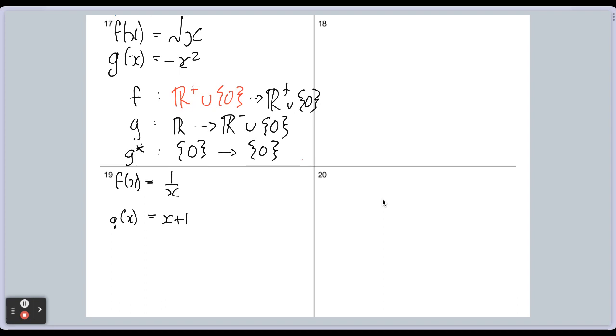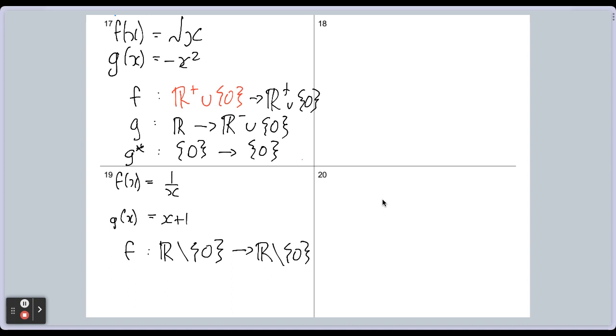2 minutes to go. I can do this. F is 1 on x. The domain for 1 on x is all real numbers except 0. That's the domain. It goes to all real numbers except for 0.